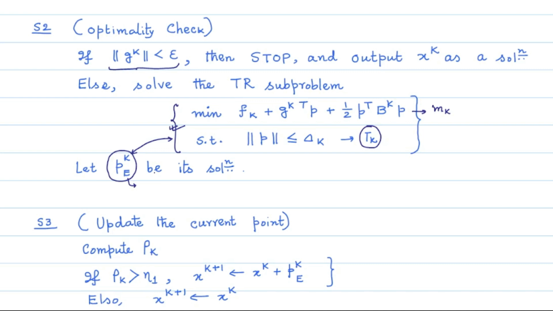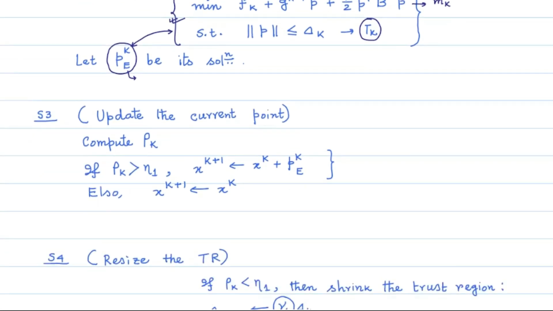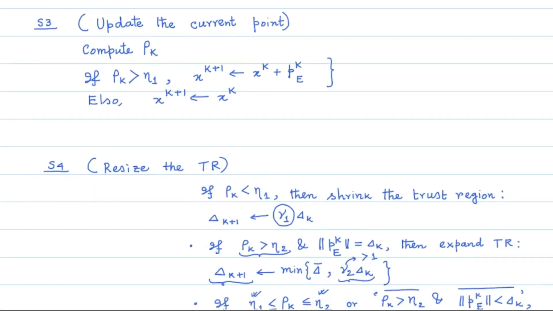Taking this p_k^E as the trust region step, we move to the next step, where we update the current point. To update the current point, we check the reduction ratio value. We find the reduction ratio rho_k and check if rho_k is greater than the threshold eta_1.